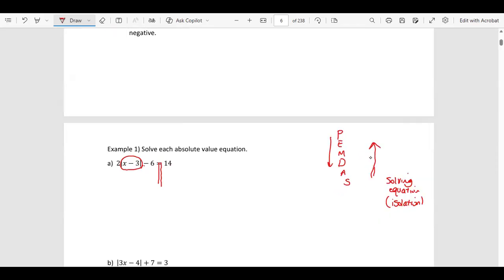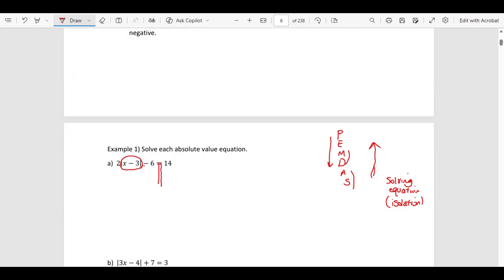That means if you want to isolate something, if there is any add or subtract, you need to get rid of them first. If there is any multiplication or division, that's the next step. Then you look at the exponent or the radicals or the absolute value. Then the inside of the parenthesis, or the inside of the absolute value, or the inside of the radical.